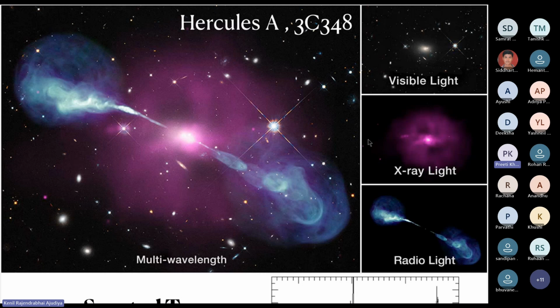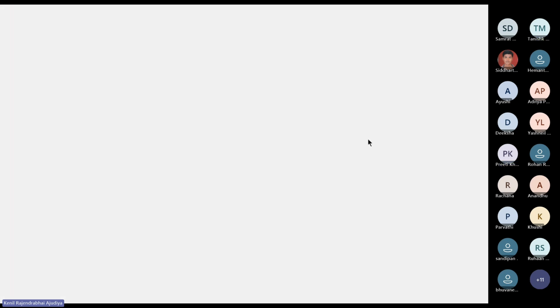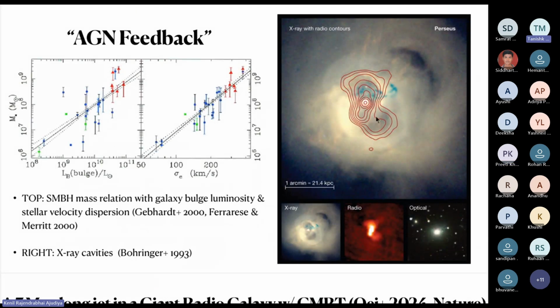But like this particular source, for example, in Hercules A and also Perseus A, the cavities are much larger than the host galaxies. Are all these images to the same scale, right?